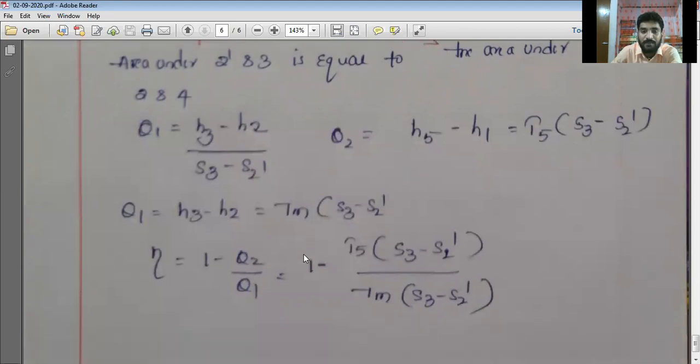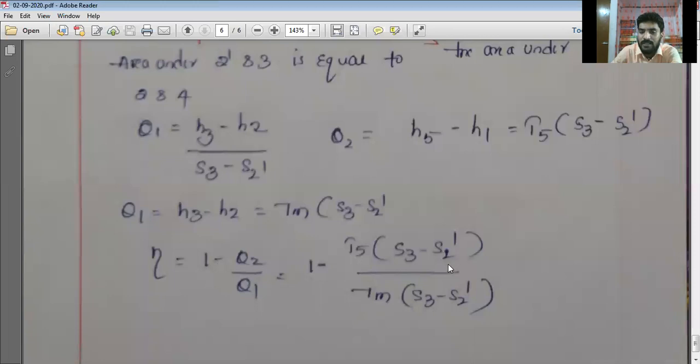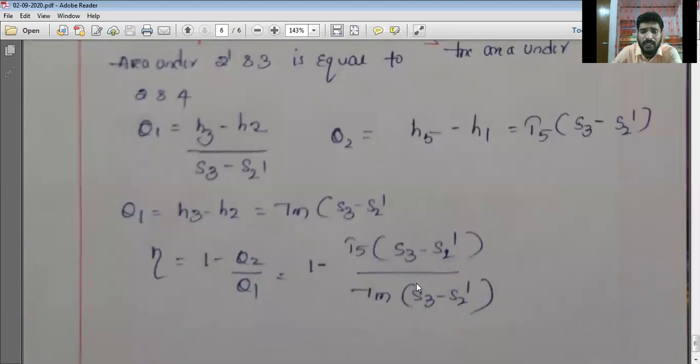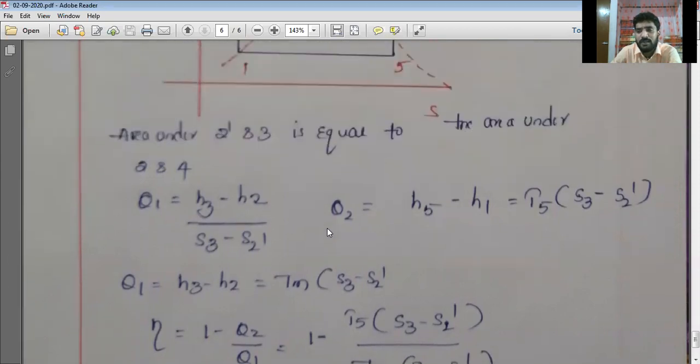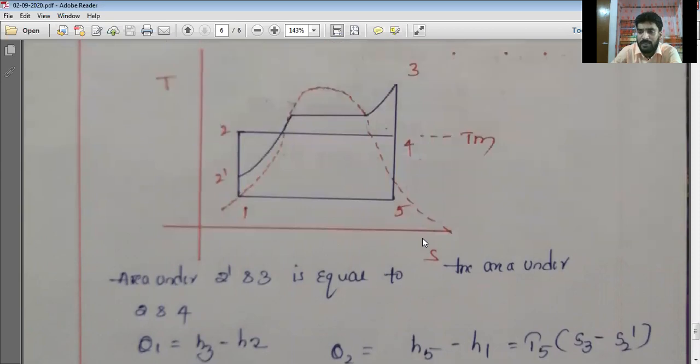Finally, efficiency is equal to 1 minus heat rejection by heat supplied, that is 1 minus Q2, T5 into S3 minus S2 dash, divided by heat supplied, mean temperature into S3 minus S2 dash. This is the efficiency in terms of mean temperature of heat addition, entropies and temperatures.